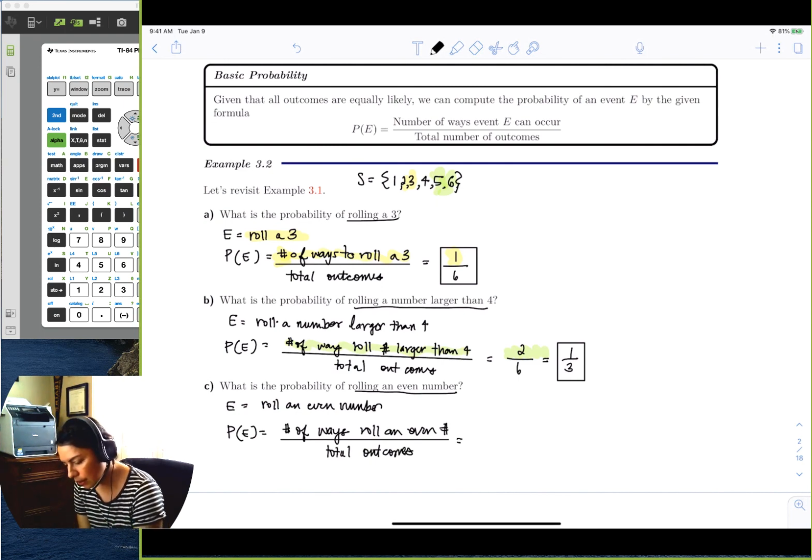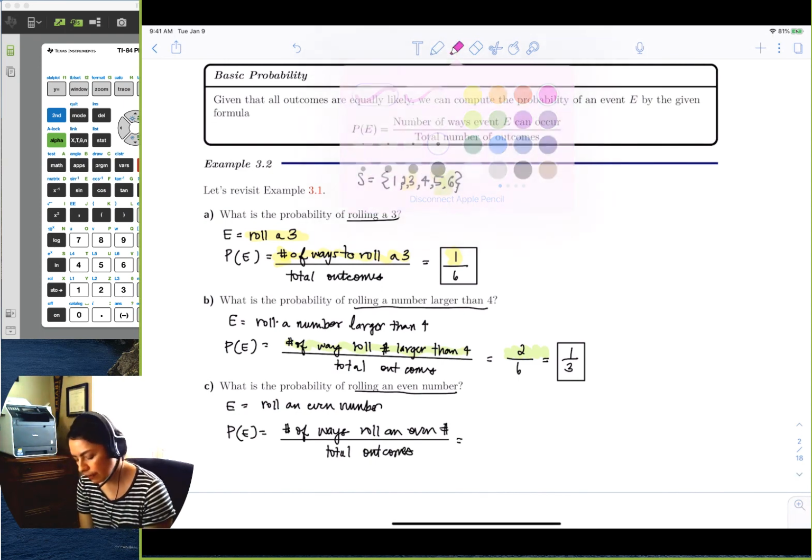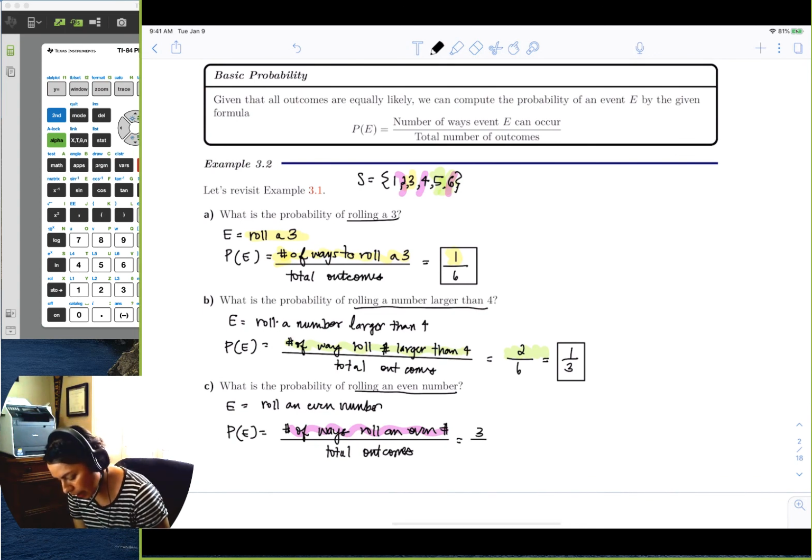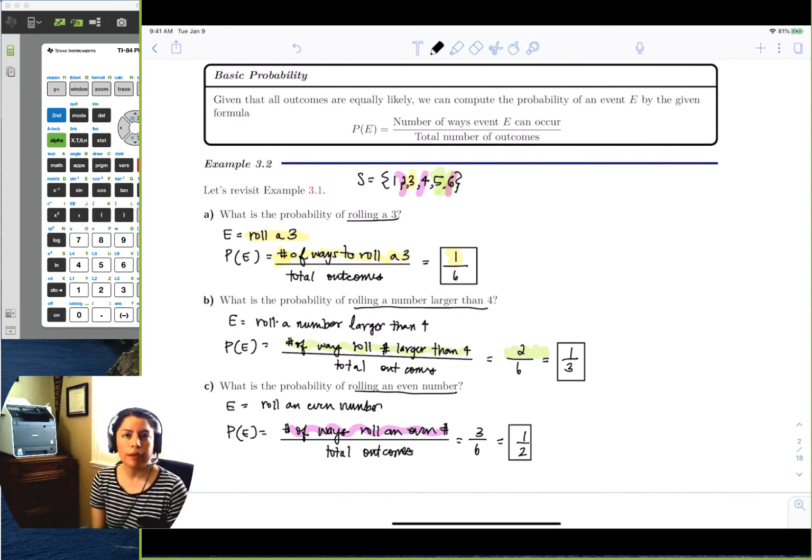Okay, so now let's think about it. How do we roll an even number? The sample set is 1 through 6, so even numbers would be 2, 4, 6. How many of those do I have? I have 3 out of 6 outcomes, which is a half. So half of the time I should be tossing an even number, which makes sense because half the numbers are even.